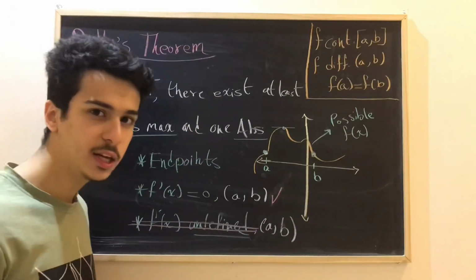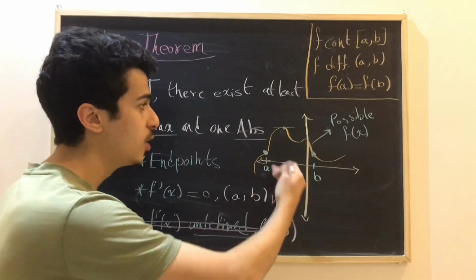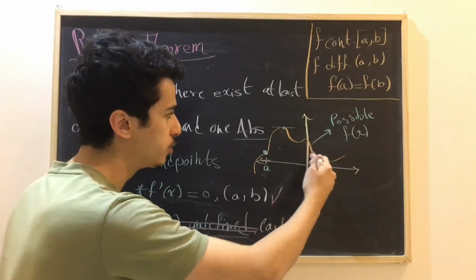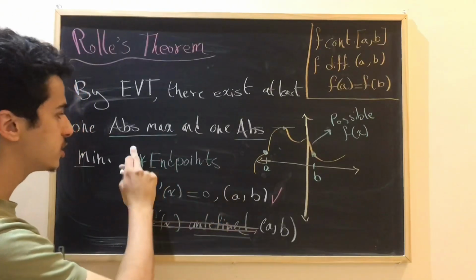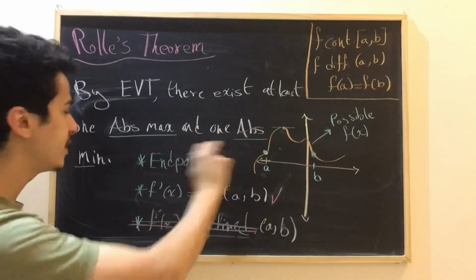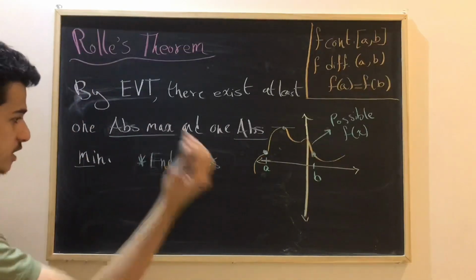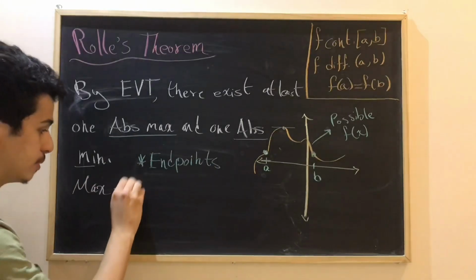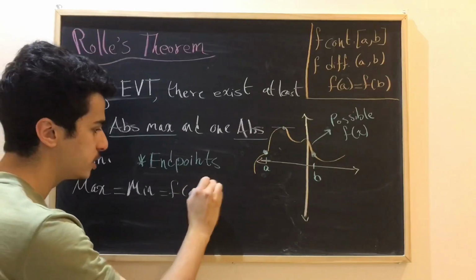Now to check the case where this is not true, we have to check the case where there is no absolute minimum or absolute maximum in the open interval. But this is exactly the case where the endpoints are both the absolute max and the absolute min at the same time. And if the endpoints are the max and the min, that means the maximum is equal to the minimum, which is equal to f of a, which is equal to f of b.